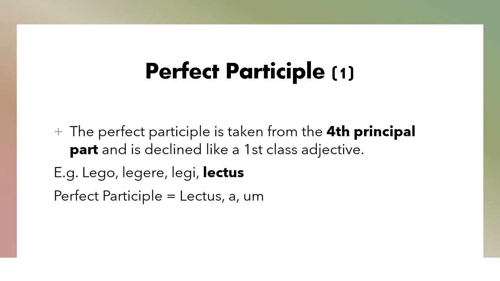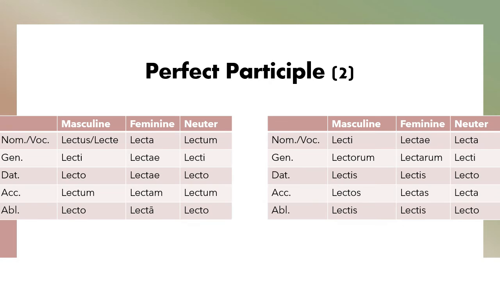So in order to form the perfect participle, you just take the fourth principal part, lectus, and you add the endings of a first-class adjective. So the perfect participle is lectus, lecta, lectum. This is of course because it has to agree with the noun. We know first-class adjectives, but I included these tables in case you wish to review it.